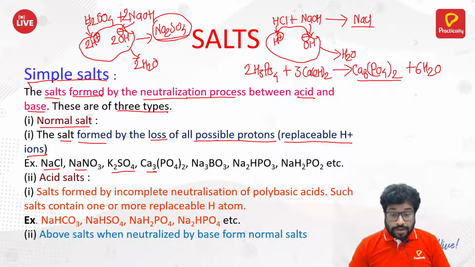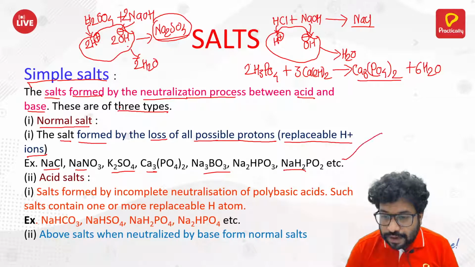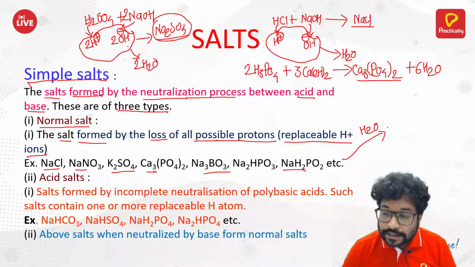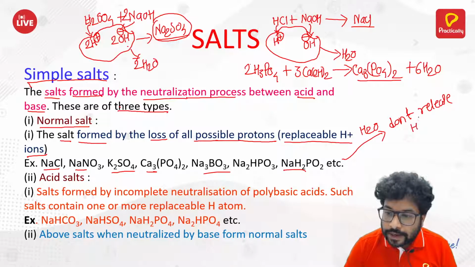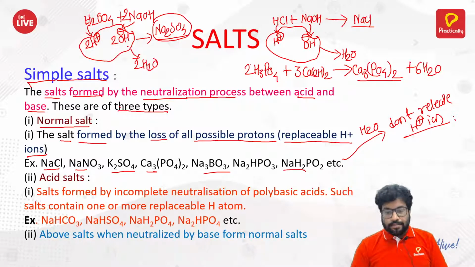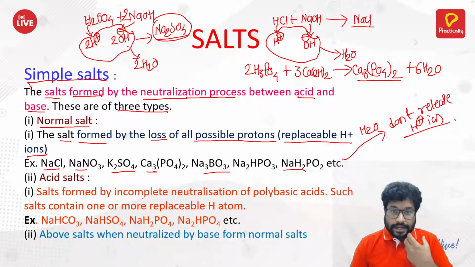Basically, whenever these normal salts are reacted with water, they don't release even a single H+ ion, because they don't have a replaceable H+ ion, or I would say they do not have an ionizable hydrogen.